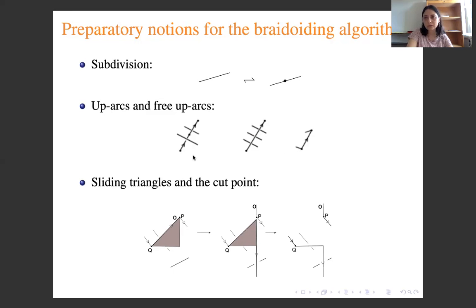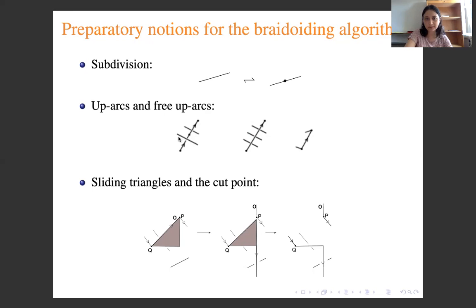And we would like to have our up arcs in the algorithm contain at most one type of crossing. So we will apply some further subdivision on the up arcs to divide them into further up arcs, each containing the same type of crossings on them.